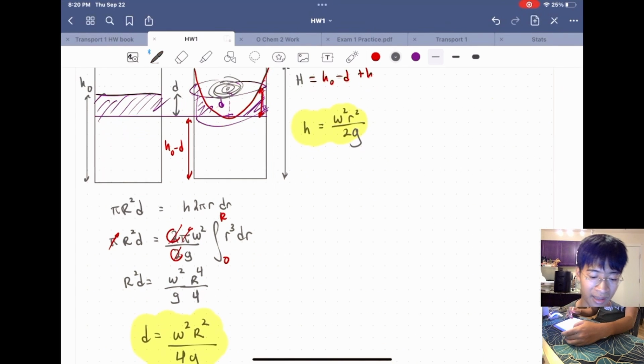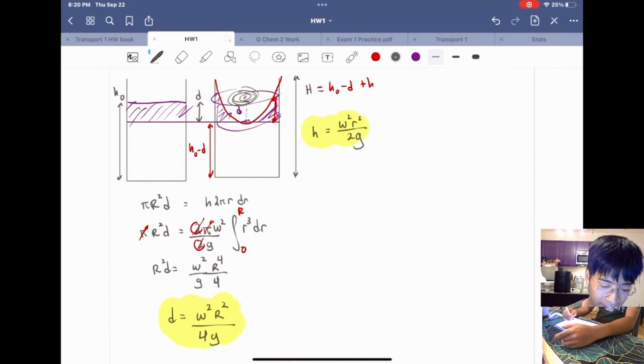The end is in sight, right? So let's say that H is equal to H naught, and this is a provided problem statement, minus the level of depression, which is omega squared r squared over 4g, plus the function of height dependent on angular velocity.